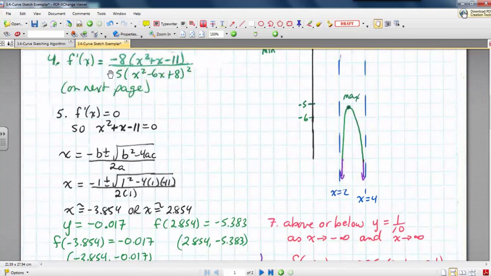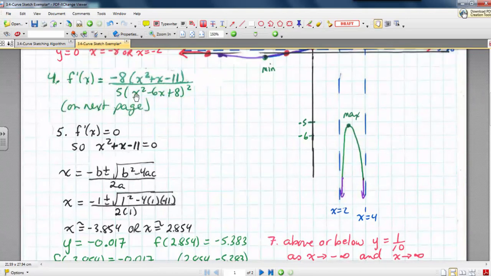Number 5 says once I've found my derivative, to make it equal to 0. Logic by itself tells me, or if I start trying to solve this, when I set this to 0 and multiply through by this value, I end up realizing that the only way I'm going to get a 0 here is if the factor in the numerator that contains x, x squared plus x plus 11, equals 0.